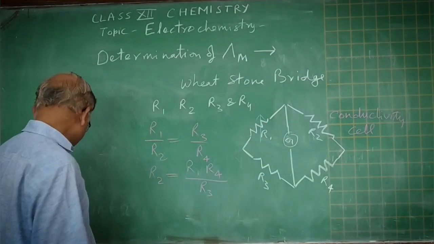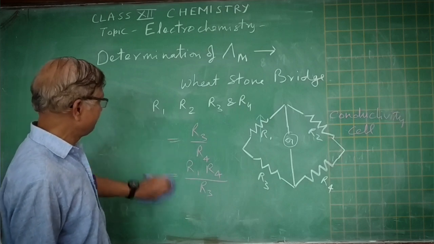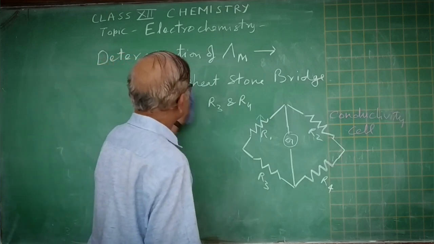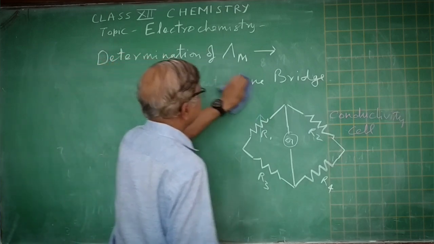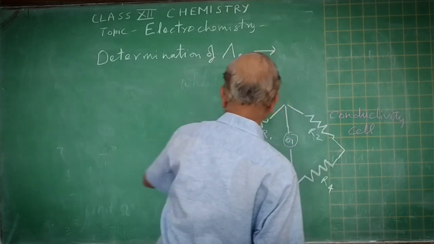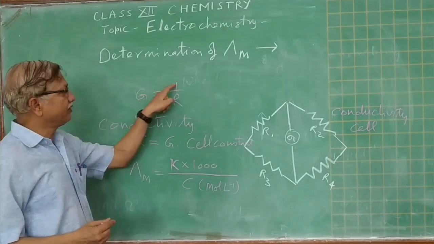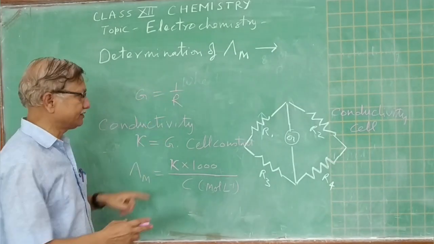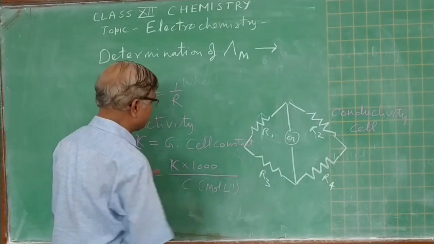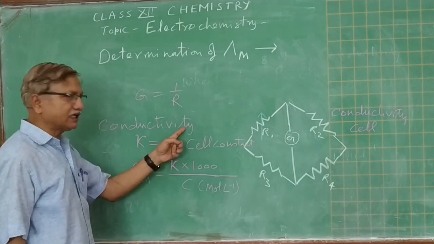After calculating the resistance of the conductivity cell, we calculate the conductance G by taking the inverse of the resistance. Now we calculate the conductivity.